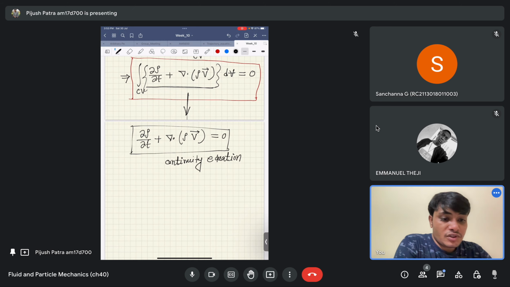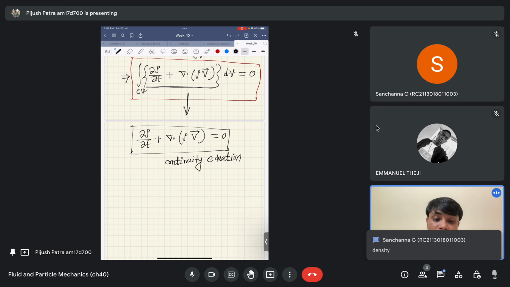So do you know what is the difference between an incompressible flow and a compressible flow? What is the incompressible flow? For an incompressible flow, what will be the form of the continuity equation? Keeping the density constant is not the same as incompressible flow.